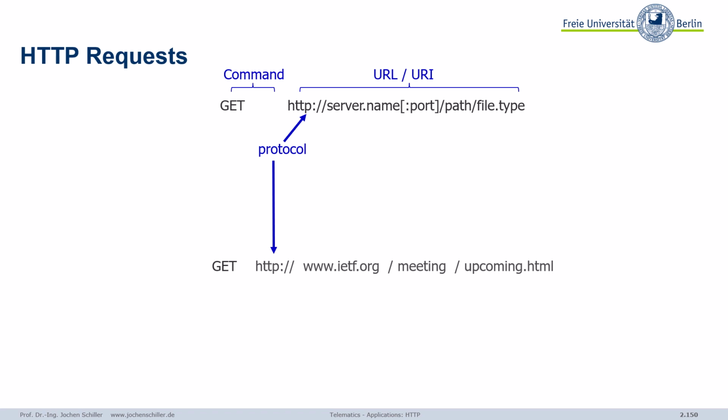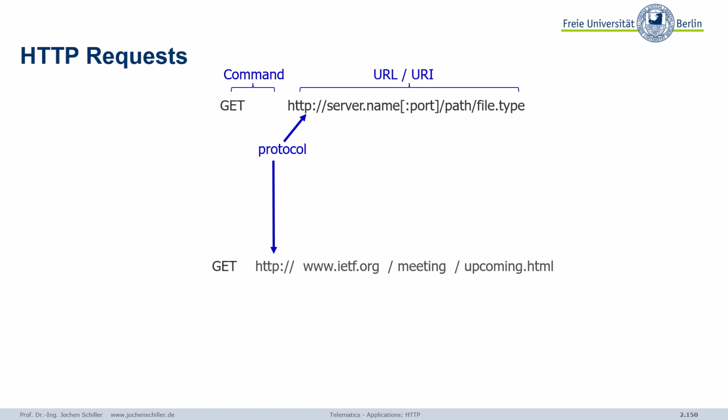The protocol, the most well-known, is HTTP. But there are, for historic reasons, also some others, like FTP, for example. That's just another protocol. We will see there's also WS, WebSockets. There are some other, more historical ones, etc. But HTTP, that's the classical one.